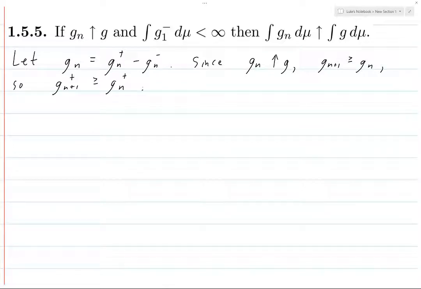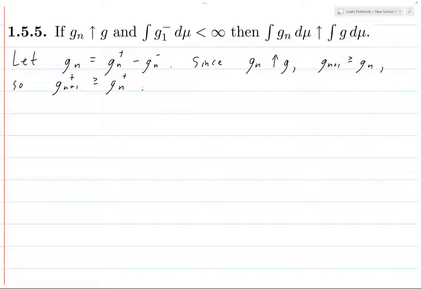You could imagine a scenario where gn minus is really big and gn plus is really big, but then gn plus 1 minus is 0 and gn plus 1 plus is smaller than gn.